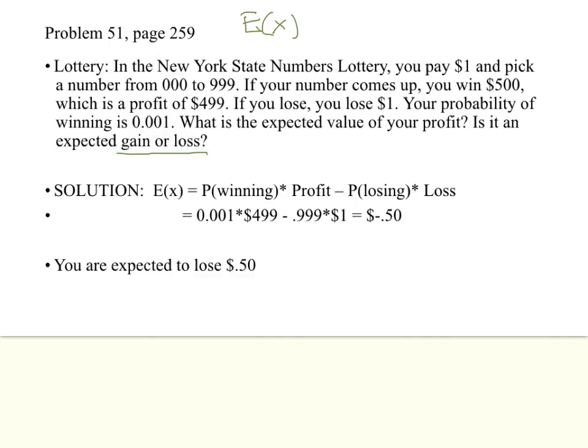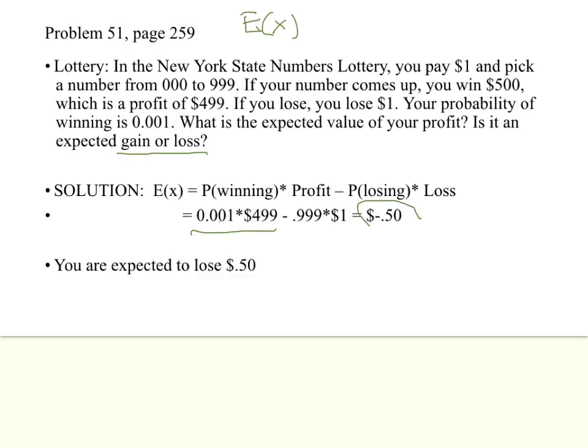So the solution is the expected value of x is the probability of winning times its profit minus the probability of losing times its loss. So in this case we have 0.001 times 499 minus 0.999 times $1.